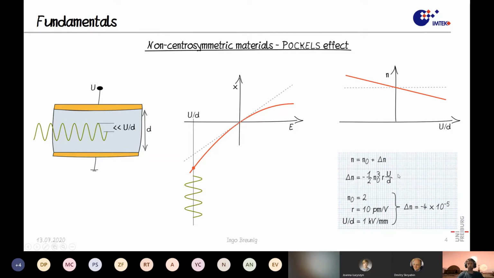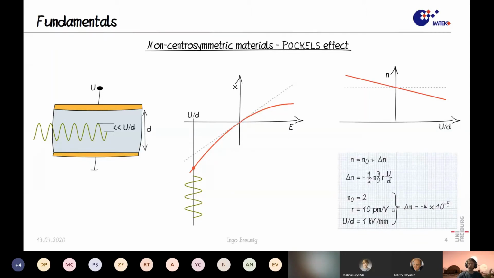If you do some math, you will see that the refractive index change is given by the cube of the refractive index times r, the Pockels coefficient, times our static electric field. So the refractive index change is proportional to the static electric field.